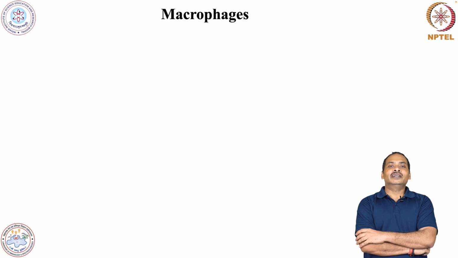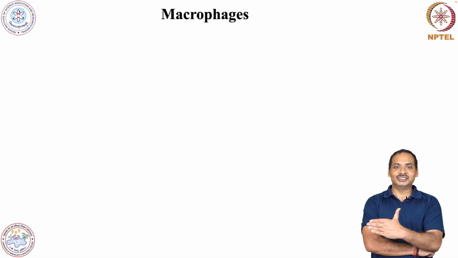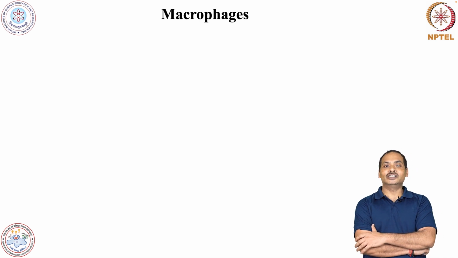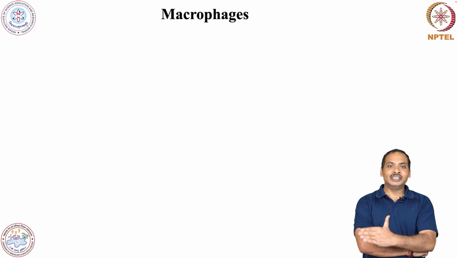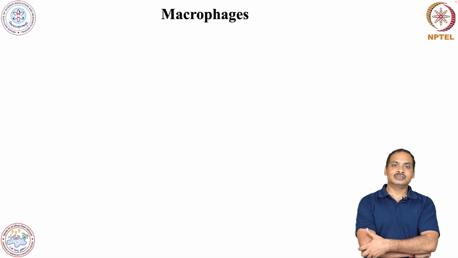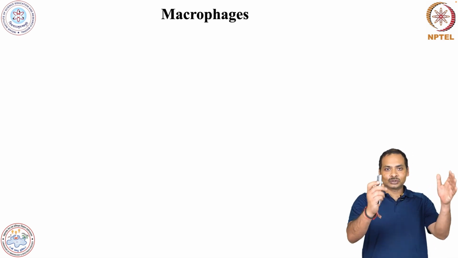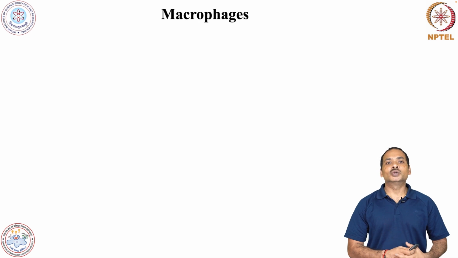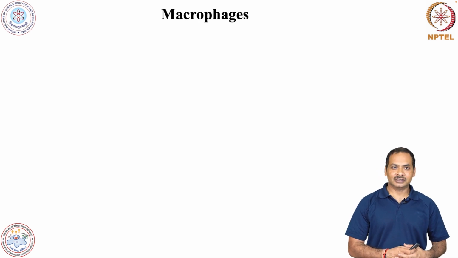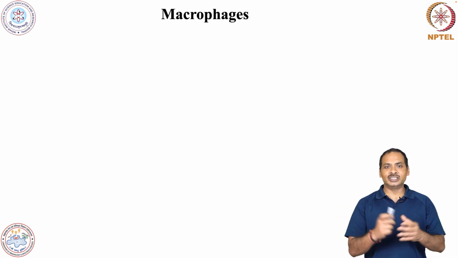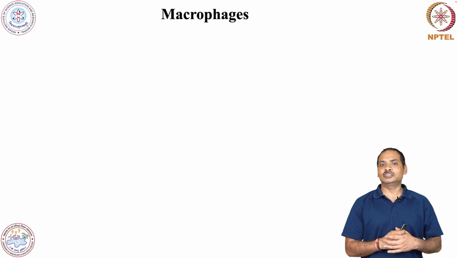At that time people were thinking that the defense against infection mainly takes place through this kind of cell, and that group of people were known as cellularists. There are two schools of thought, which I have discussed in the history of immunology.